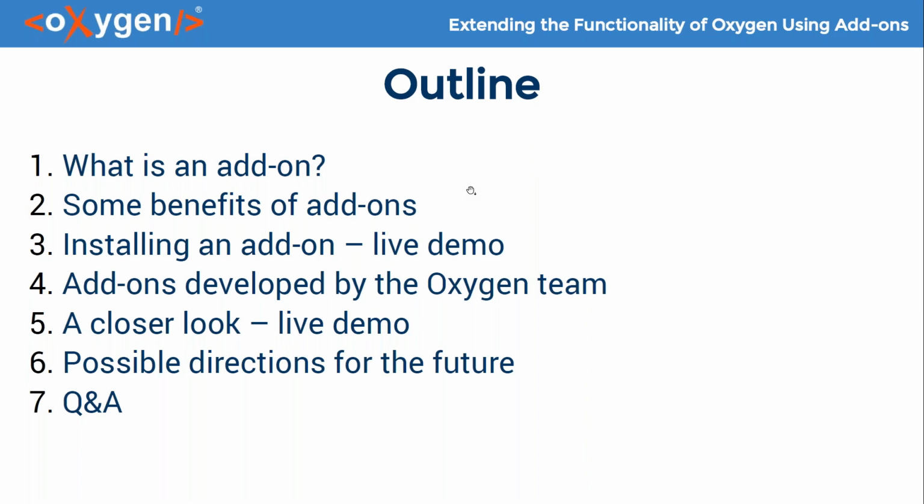And then we will take a look at 5 plugins that can be installed as add-ons in Oxygen, and I will show you several things about each of them. Before going into the Q&A section, I will also show you a few possible directions for the future, both with the current add-ons and some possible new add-ons.